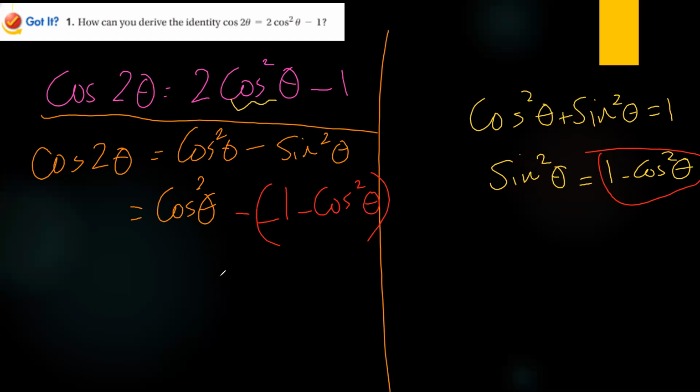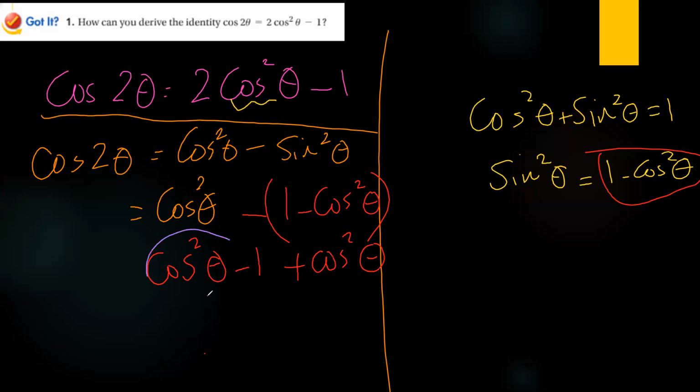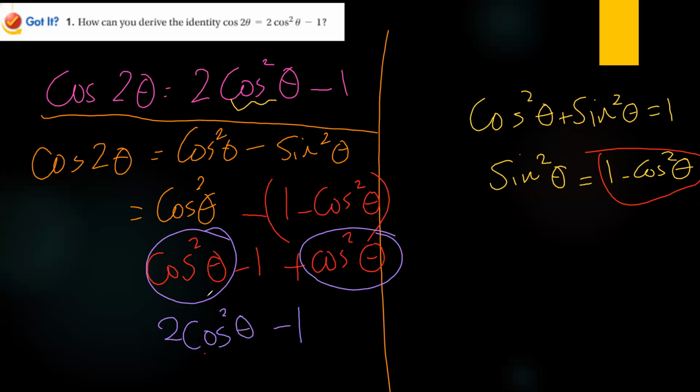Wait a minute, I made something wrong here. It's not supposed to be like this. Then it will be cosine squared minus 1 plus cosine squared of theta. Then let's arrange it: cosine squared plus cosine squared is 2 cosine squared, minus 1. This is how to derive the third identity.